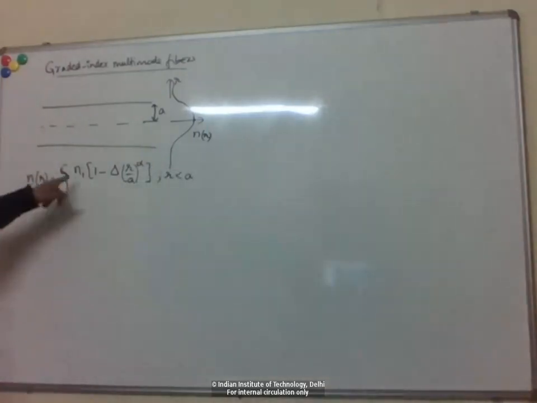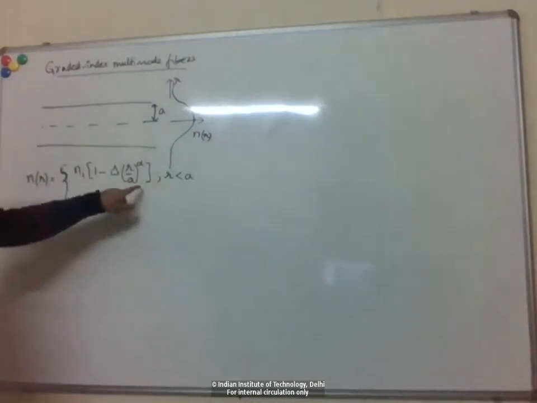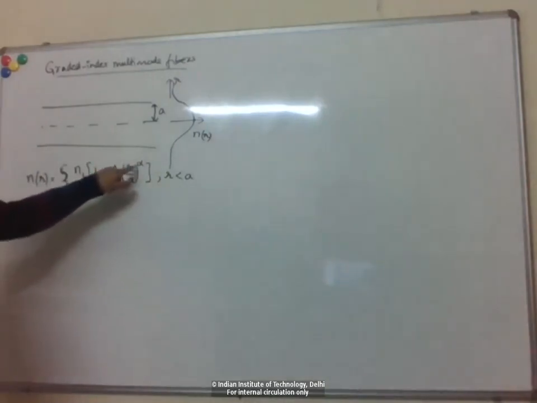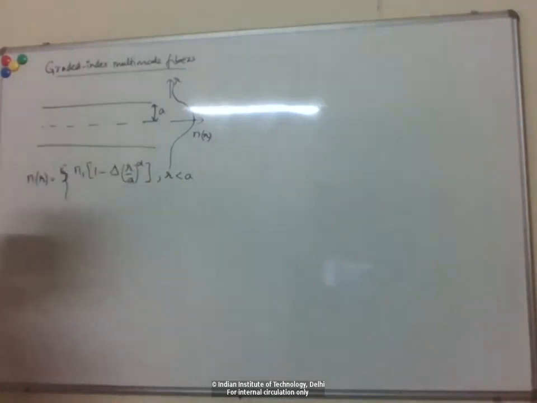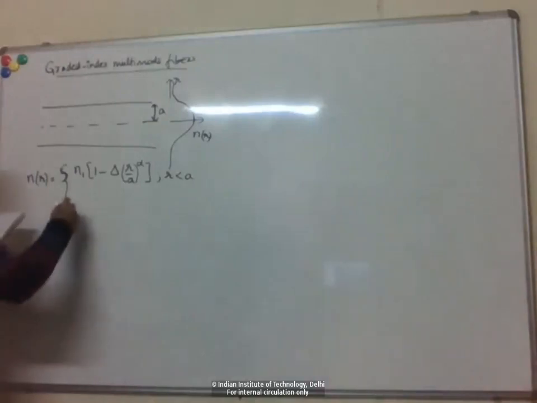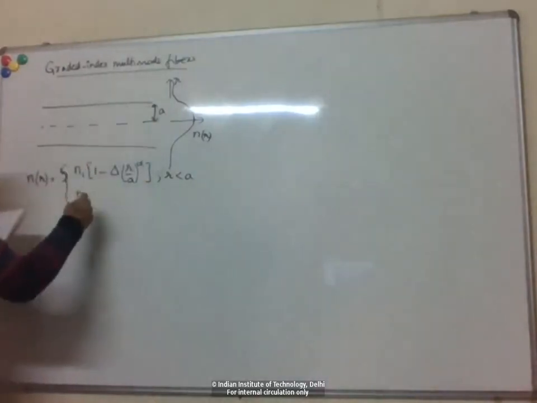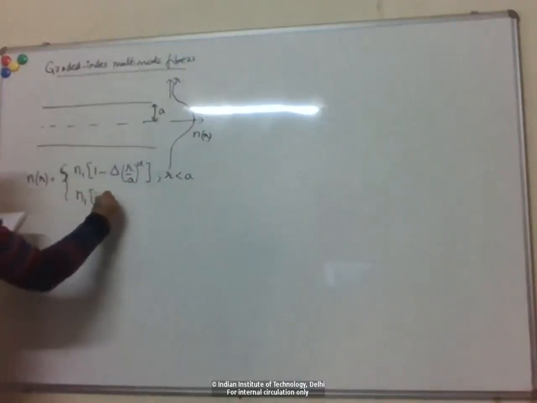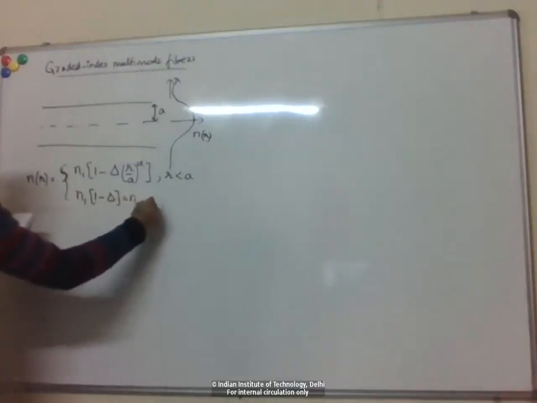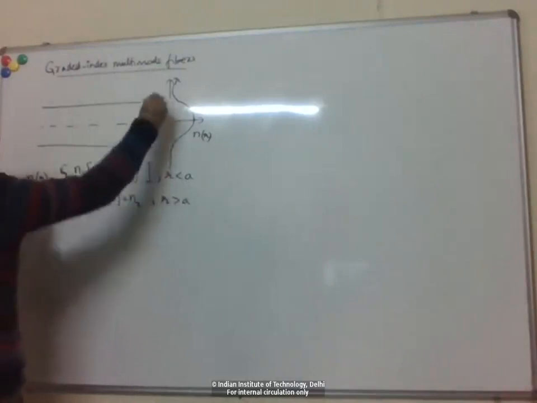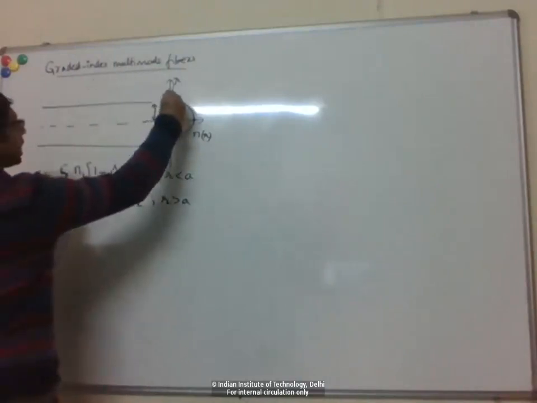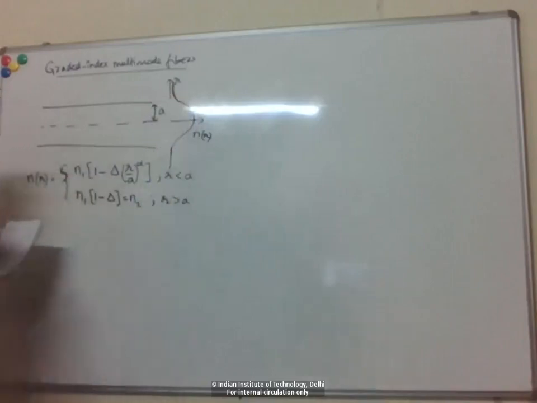In the core region, it's varying as some power of the radial distance r, where alpha is the power. If you put r equal to a, that's the cladding. In the cladding, the index is constant.